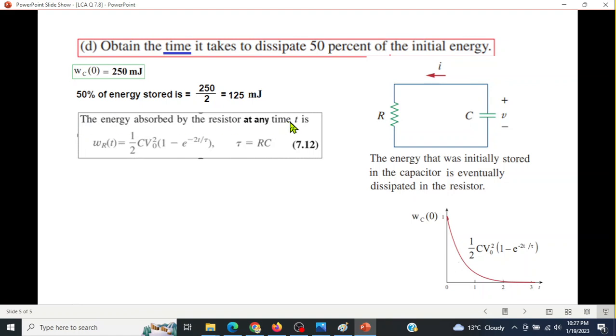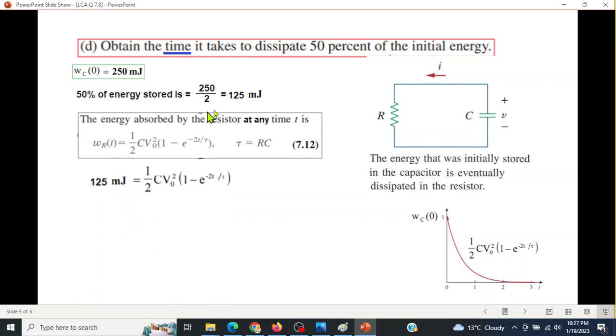Now we'll use this formula, which says the energy absorbed by the resistor at any time t. The energy absorbed by the resistor is the same as the energy dissipated by the capacitor. So we'll use this formula. And just to give an idea, the dissipation of energy will look something like this.